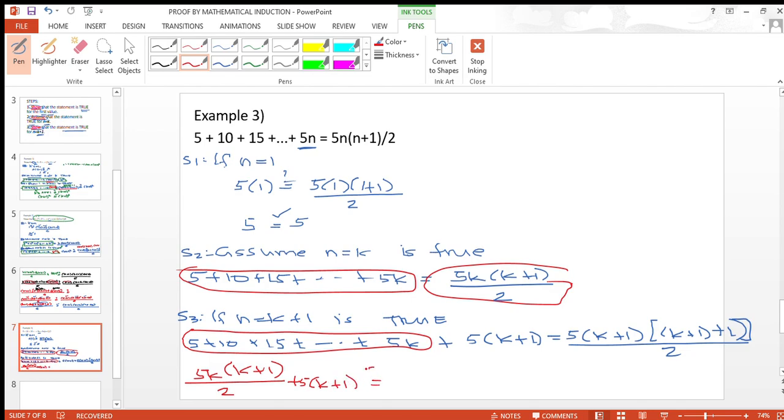And then the right side, let's simplify. That's 5 times k plus 1. And that's k plus 1, or that's k plus 2. K plus 2 divided by 2. Okay, we need another slide there.